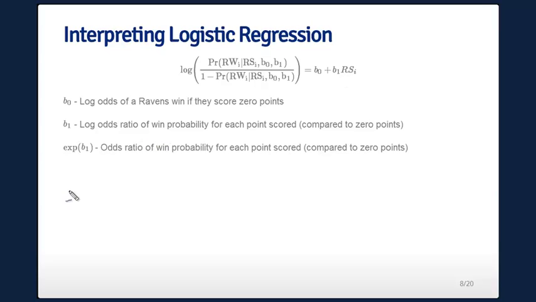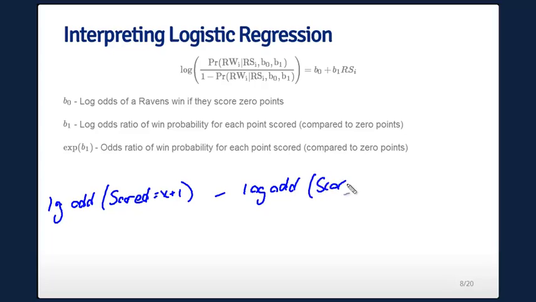So let's just look at this. The log odds if they scored x plus 1, minus the log odds if they scored x, would work out to be beta 1.